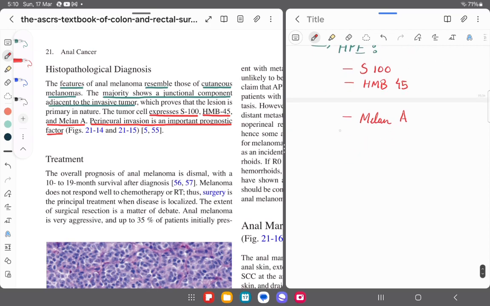And perineural invasion is an important prognostic factor.